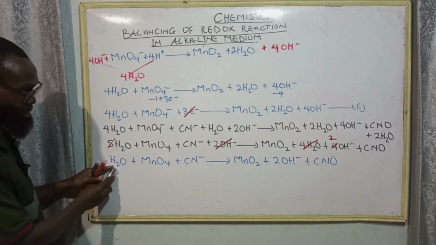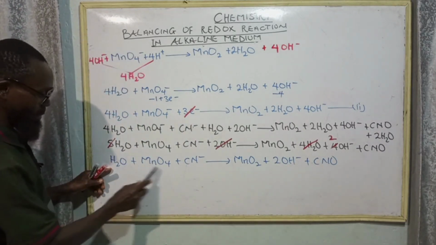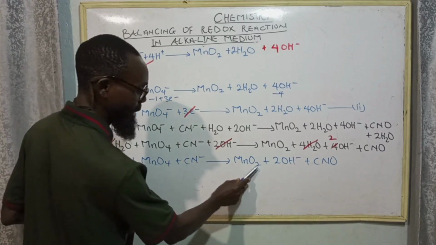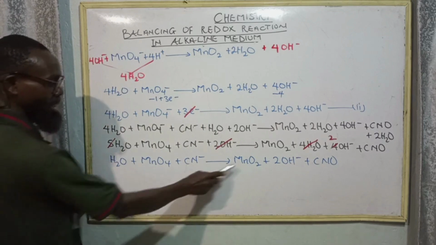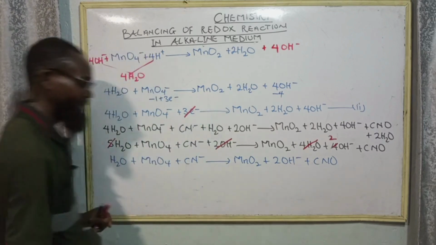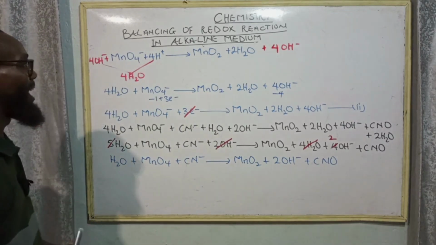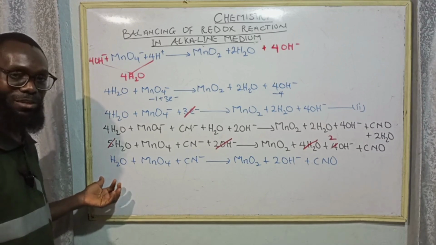Hydrogen here, we have 2 hydrogens, we have 2 here. Oxygen here, we have 1 plus 4, 5. 2 oxygen here, 2 plus 2, 4, plus this one, 5. Manganese here, we have 1. Manganese, we have 1. Cyanide, we have 1. Cyanide, we have 1. So this is how to balance redox reaction in alkaline medium or basic medium.